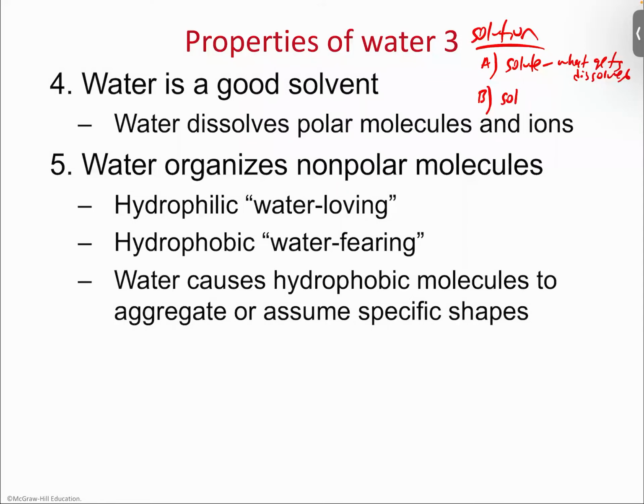And then you'll have the solvent, which is what does the dissolving. So what that means is, in the case of biological systems, water is the solvent. Everything that's in water is the solute.